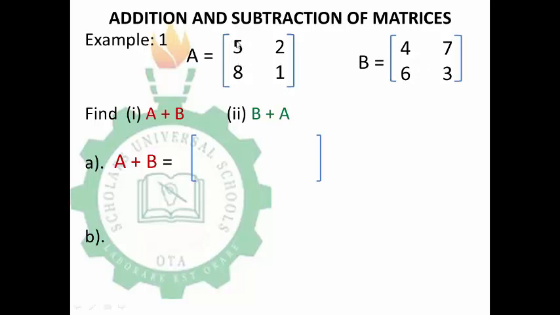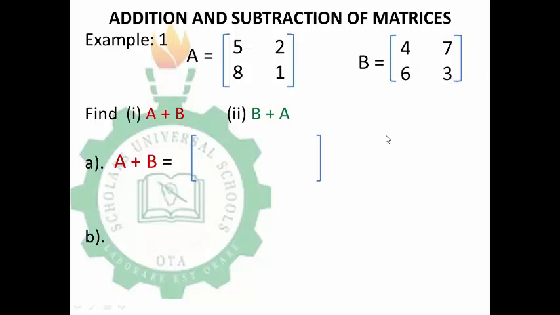The first number here, the first row, first column, 5, will be added to the first number here. The second number here will be added to the second number here. So 5 will be added to 4, 2 to 7, 8 to 6, and 1 to 3.